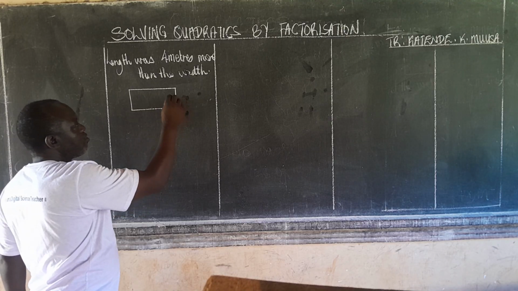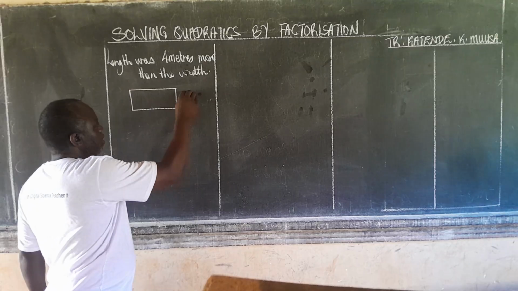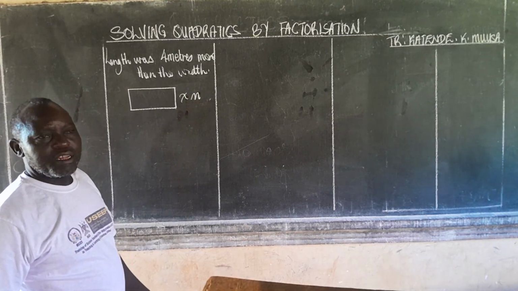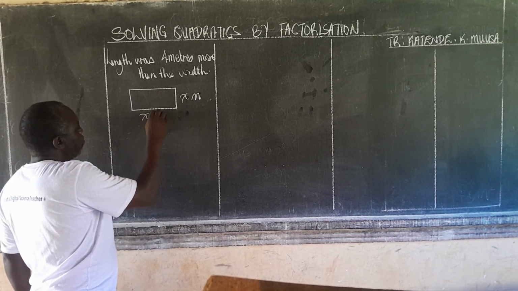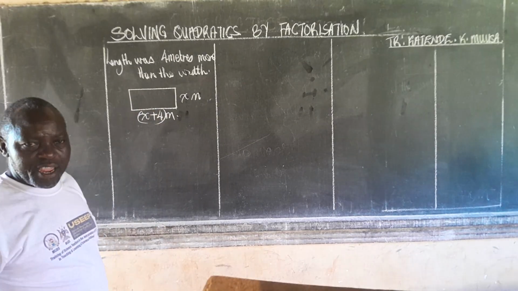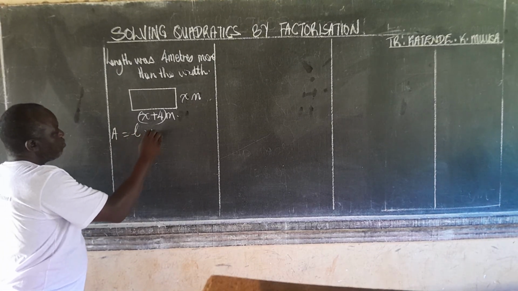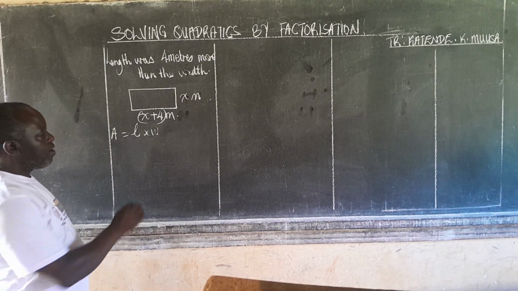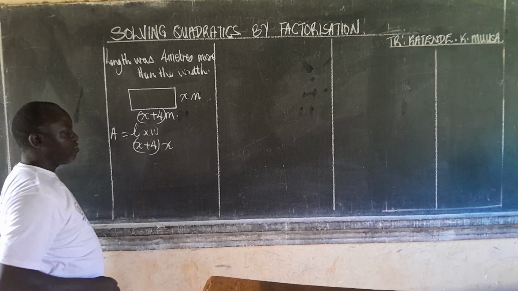So we say let W be x meters, and then the length be 4 meters more, that is x plus 4 meters. Therefore, its area was L times W, where our L is x plus 4, times x.